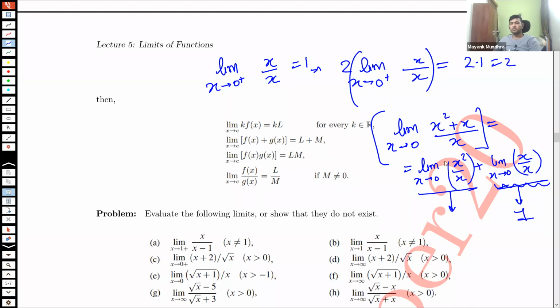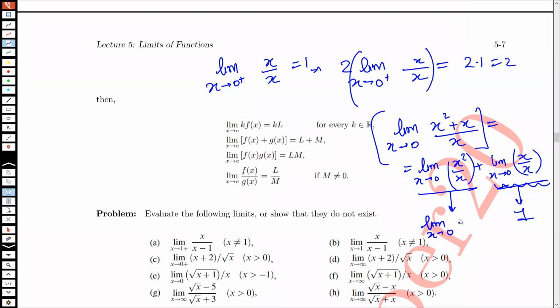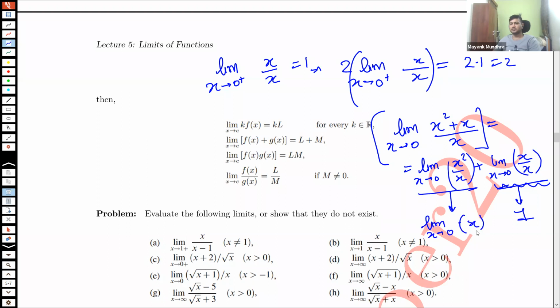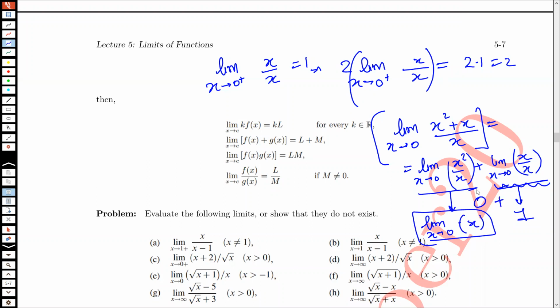Can you reduce this limit x square by x, do some cancellations and reduce it into something? It will be limit x tends to 0, x. So what happens to x as x tends to 0? It becomes 0. So what is 0 plus 1? 1. Very good.